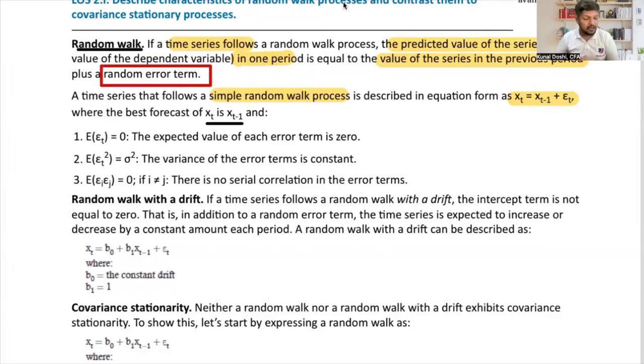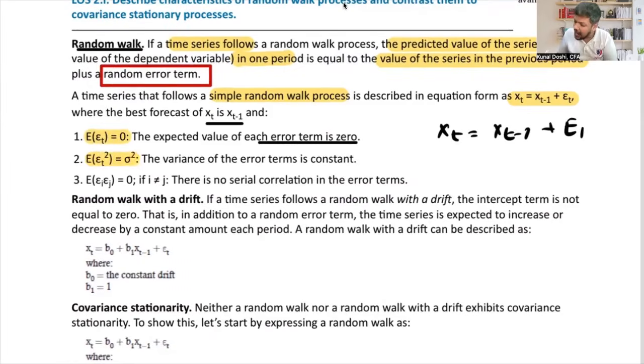Now, one very interesting thing here: xt is equal to the previous period's value plus error. If there was no error, we would say the value of xt is equal to xt-1. For example, the interest rate today is equal to the interest rate last year plus some error. If the error is 0, the expected value is equal to the past value, right? So the expected value of each error term is 0.